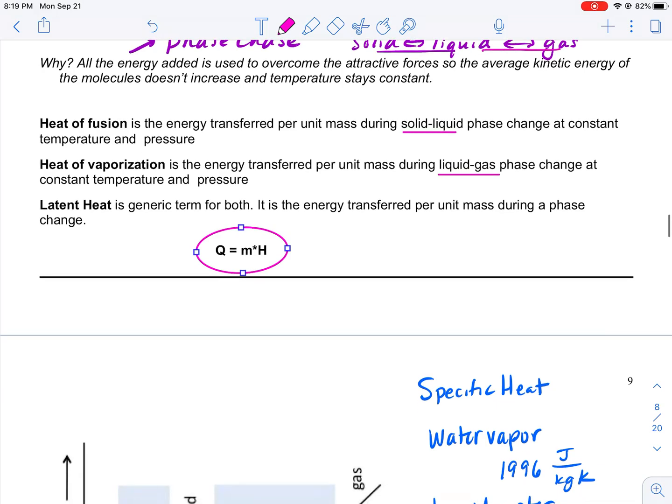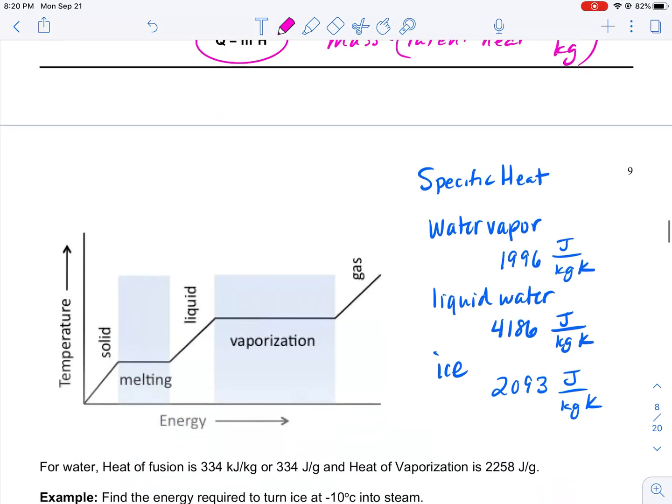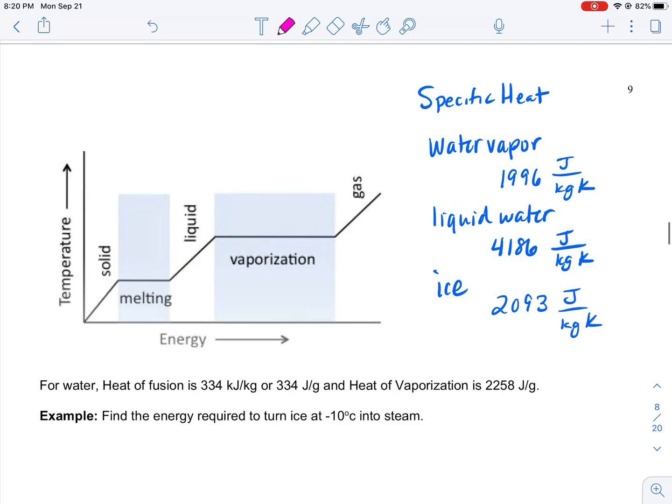It's actually a little bit simpler. Instead of Q equals mc delta T, all you need is the mass times the latent heat. The latent heat will be measured in joules per kilogram, and it's specific to the substance itself.